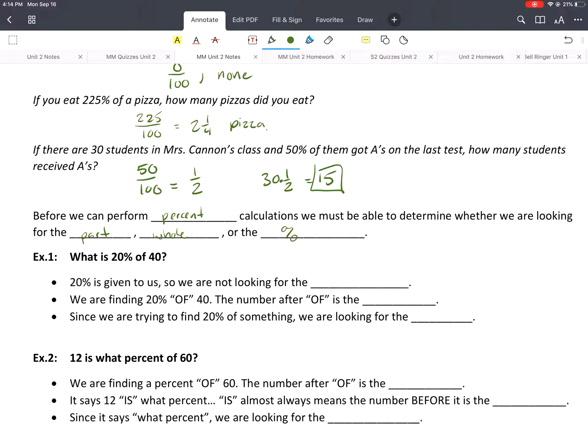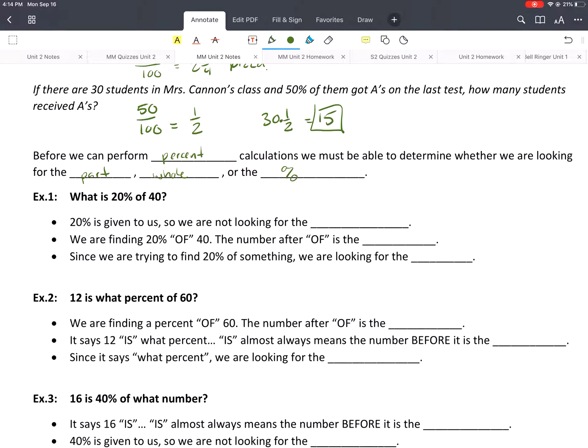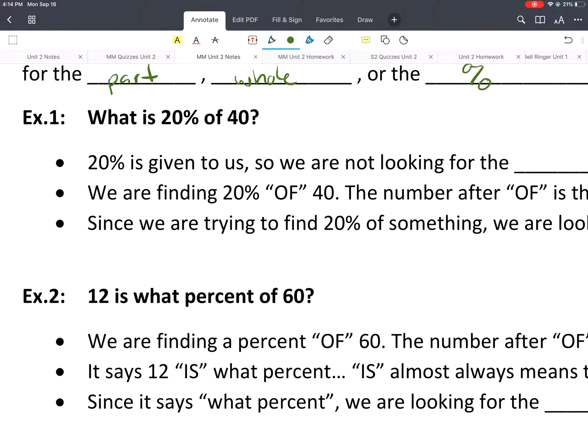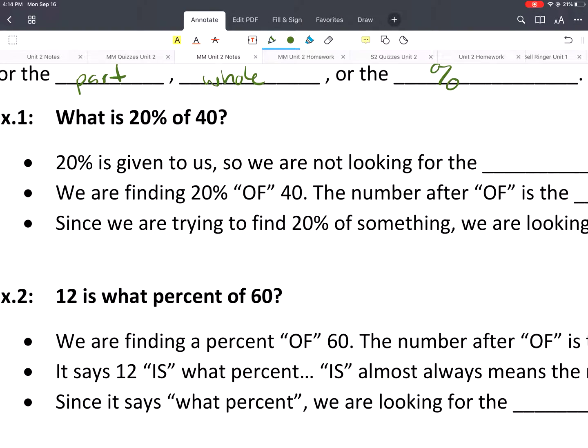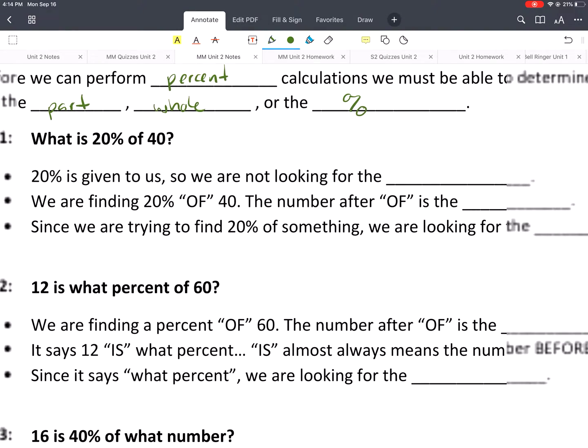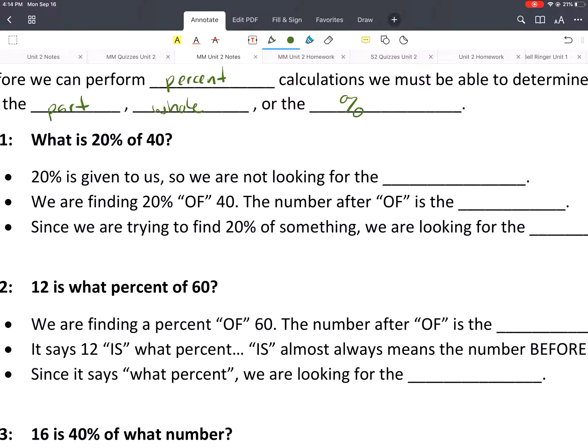Here's an example of a problem that you would maybe have on a test, homework, review, or quiz. What is 20% of 40? 20% is given to us, so we are not looking for the percent. That's already been given to us. We are finding 20% of.